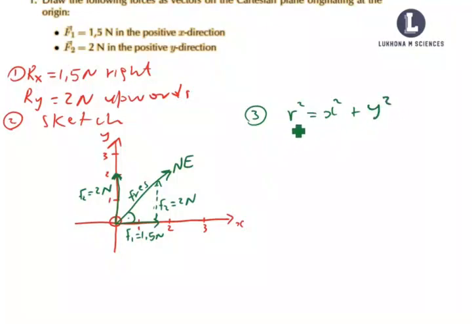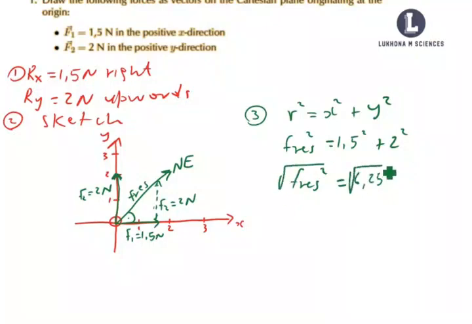Our r squared is F-res squared, which is equal to our x, 1,5 squared, plus our y, it's 2 newtons squared. F-res squared is equal to, press calculate, 6,25, then the square root. So F-res is equal to 2,5 newtons.